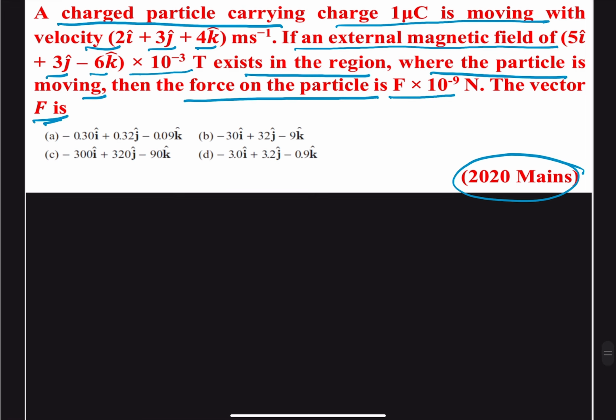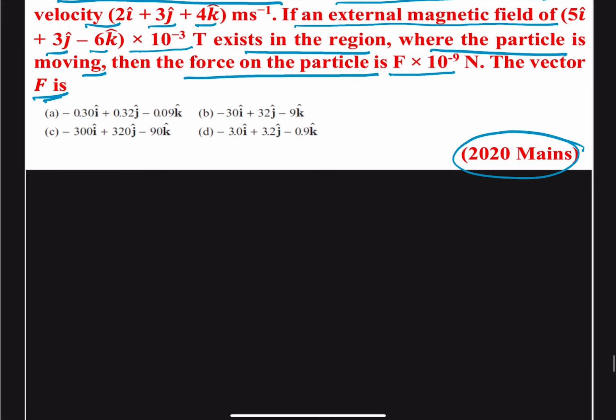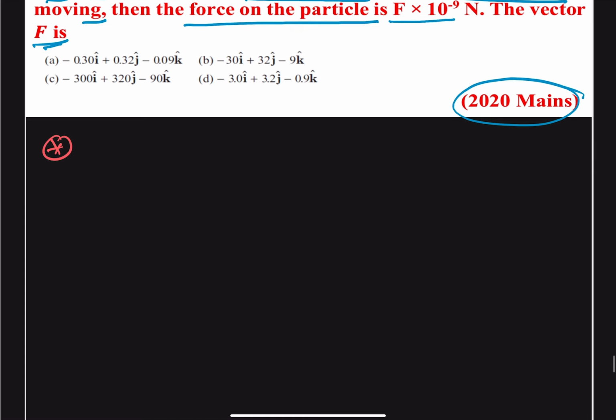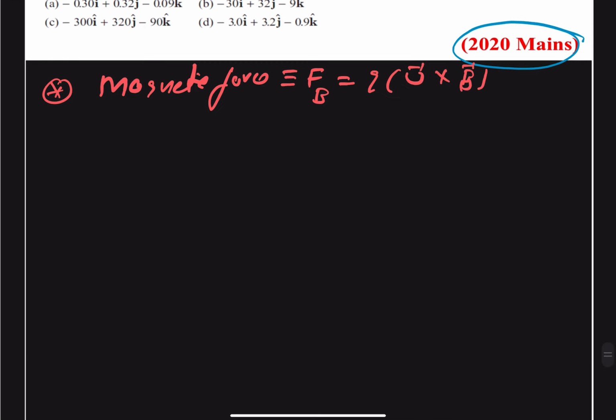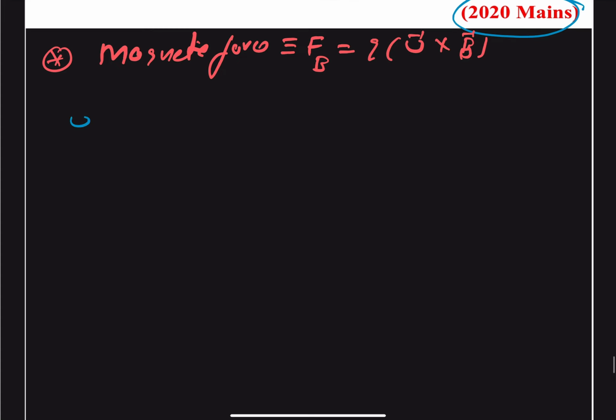We have a magnetic field, so the force in the magnetic field is given as Q V cross B. So here mainly we have to find out V cross B. So the magnetic force, that is our F_B, will be equal to Q V cross B. For V cross B, this is i, j and k.